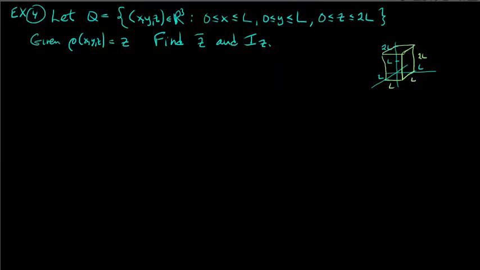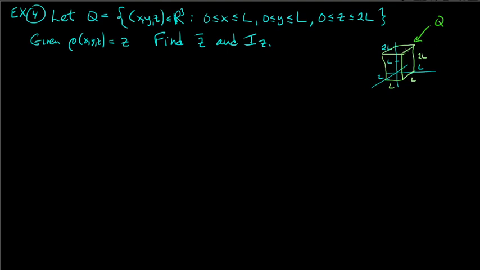Okay, so as promised earlier, we said we'd do a problem finding the center of mass and moment of inertia. So, Q is the solid region. X goes from 0 to L, Y goes from 0 to L, and Z goes from 0 to 2L. So, of course, this is our Q over here.